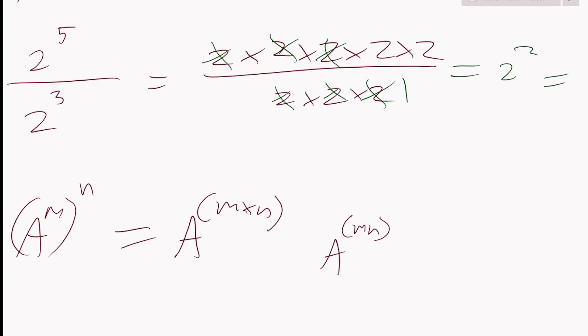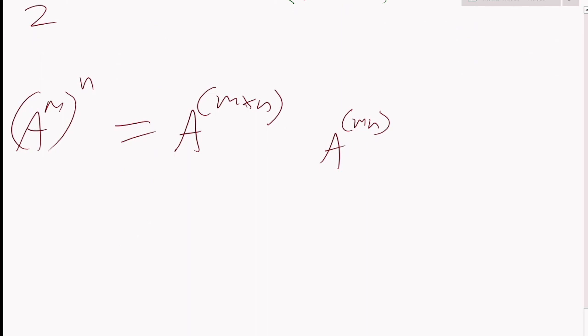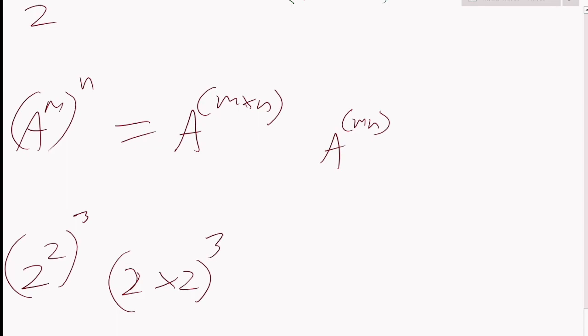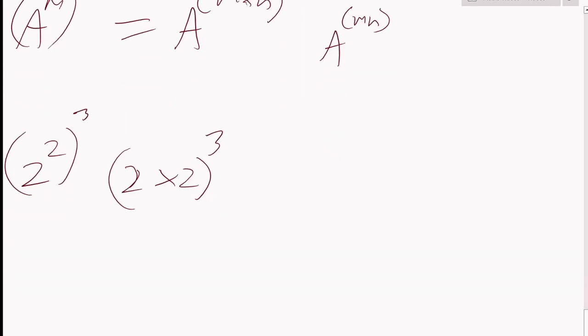So again, to give an example, let's say we have 2 squared and we want to cube that. Well, we know that 2 squared is 2 times 2, and we're cubing that. So what we need to do is multiply 2 times 2 by itself 3 times. So that's going to be 2 times 2 times 2 times 2 times 2 times 2.